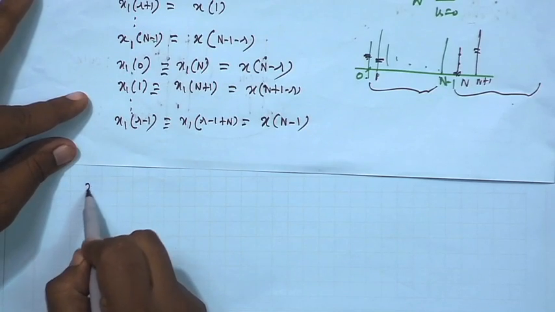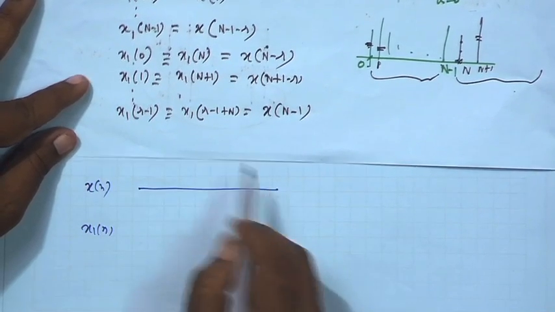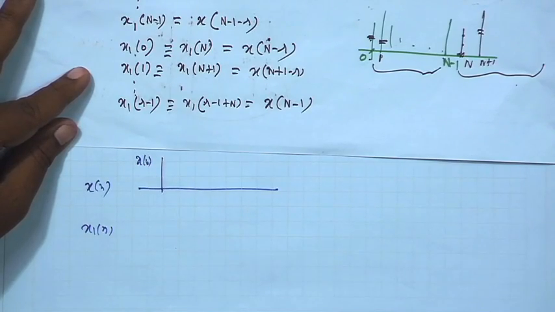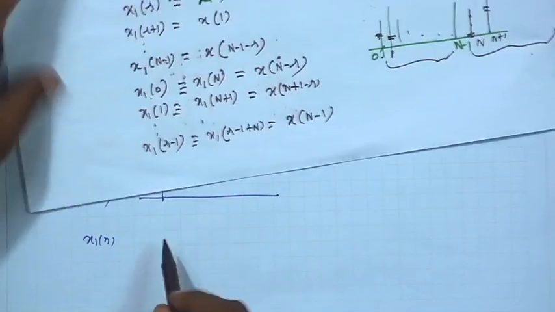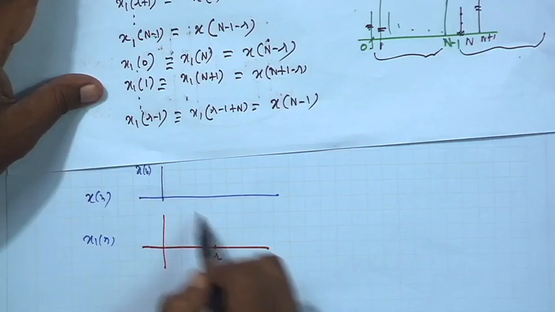That this was the x n sequence, this is a x 1 n sequence. Here I had x 0, it will go to x 1 at rth point. So, it will go to rth point.